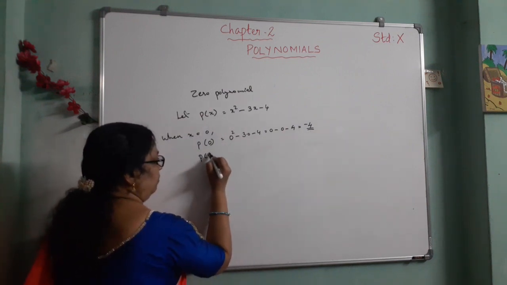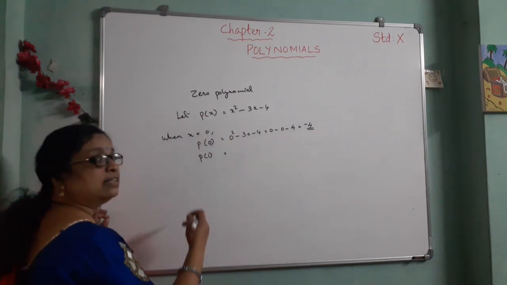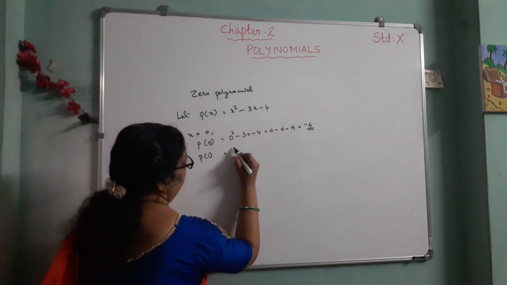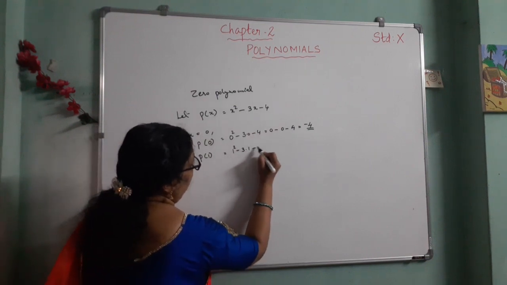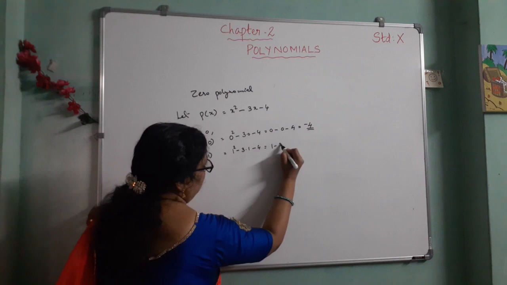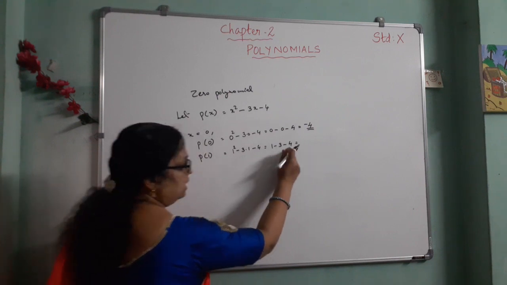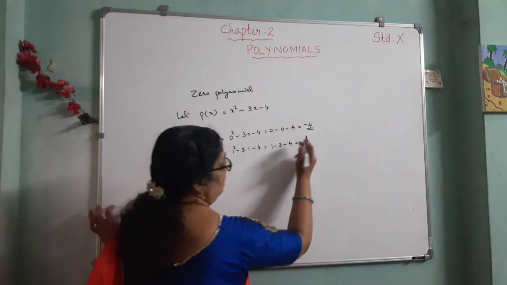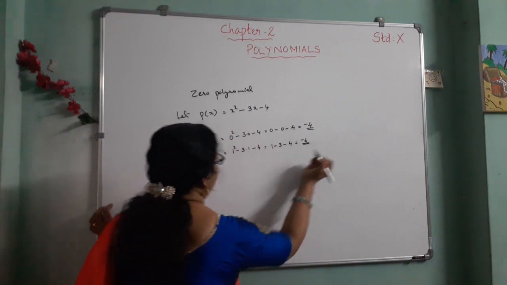Then P of 1: we put x equal to 1 in this equation. 1 square minus 3 into 1 minus 4, that is 1 minus 3 minus 4. Minus 3 minus 4 is minus 7, and 1 minus 7 is minus 6.